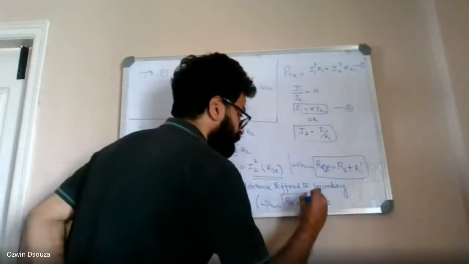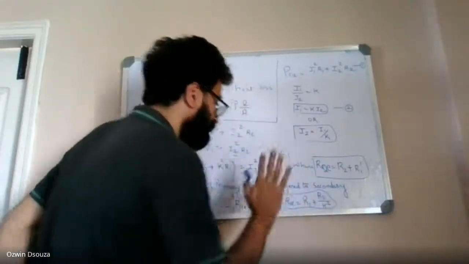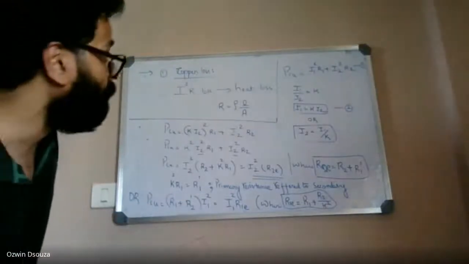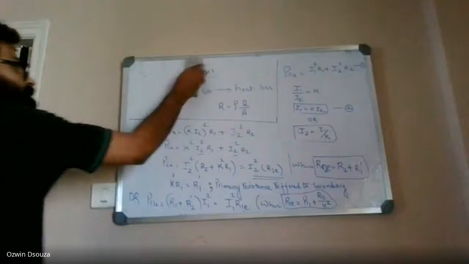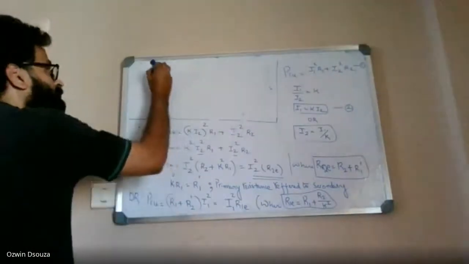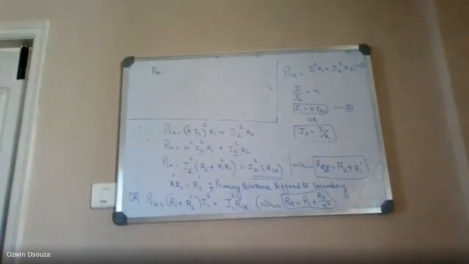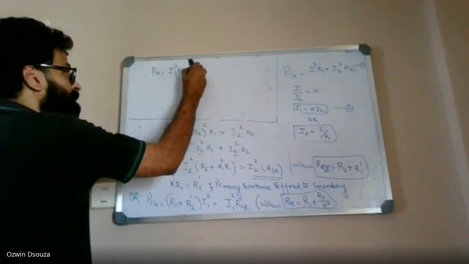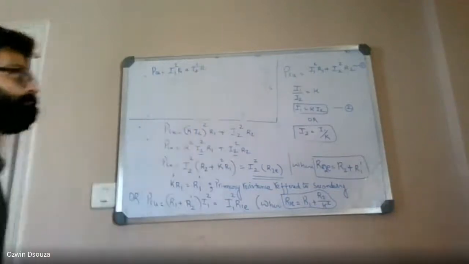All right, R2 divided by K square. So this is how you can find the copper loss. So the summary of this topic is that the transformer loss PCU is primary copper loss plus secondary copper loss.